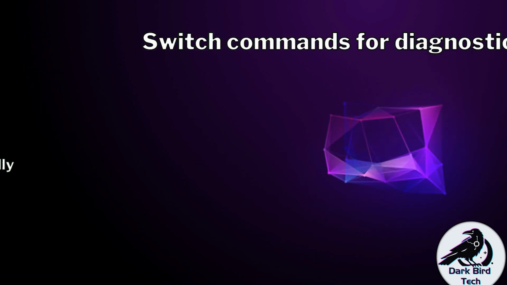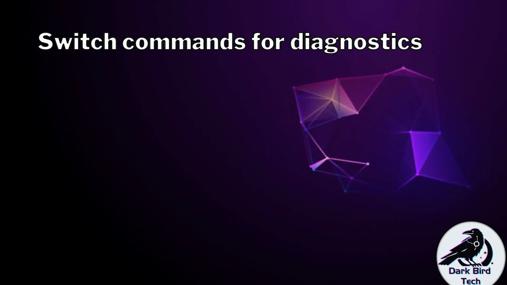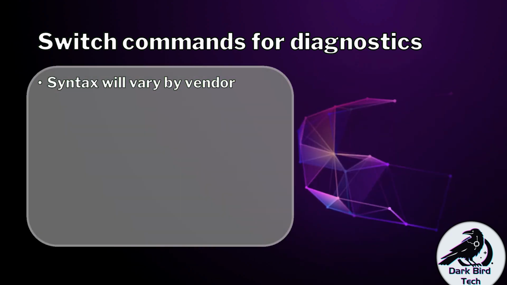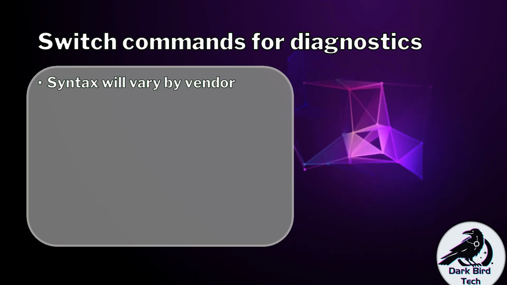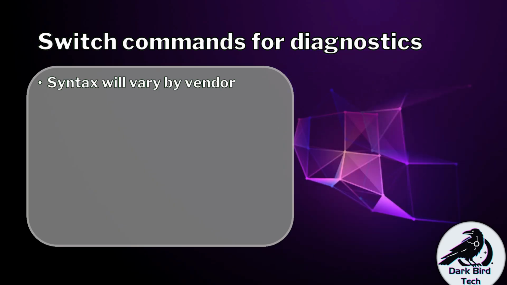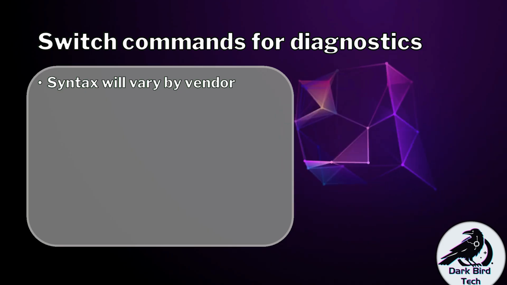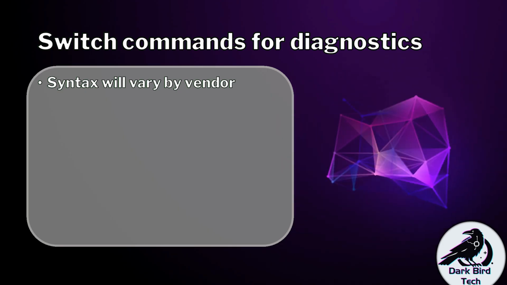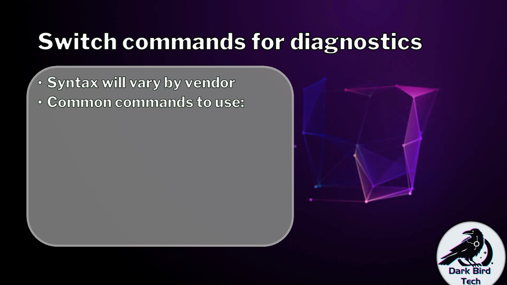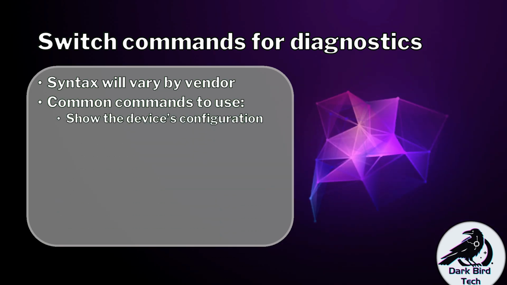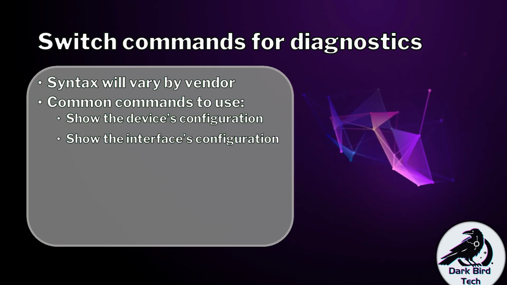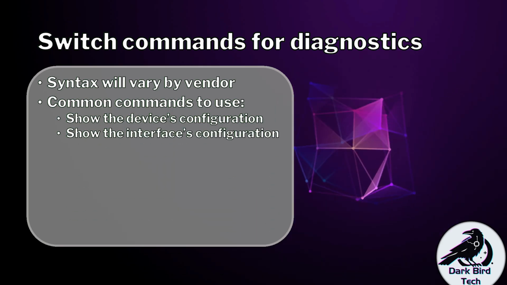Now, you can also use a couple of commands to diagnose what's going on with switches, and again, syntax will vary by vendor, but anytime you're looking at using commands on a network appliance, you should expect the commands to differ a little bit from one vendor to the next. But some common types of commands to use will include commands that we can use to show the device's configuration, to see the device's interfaces configuration.